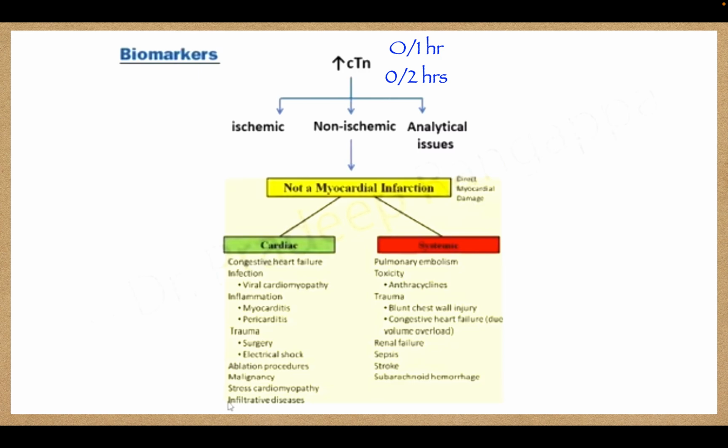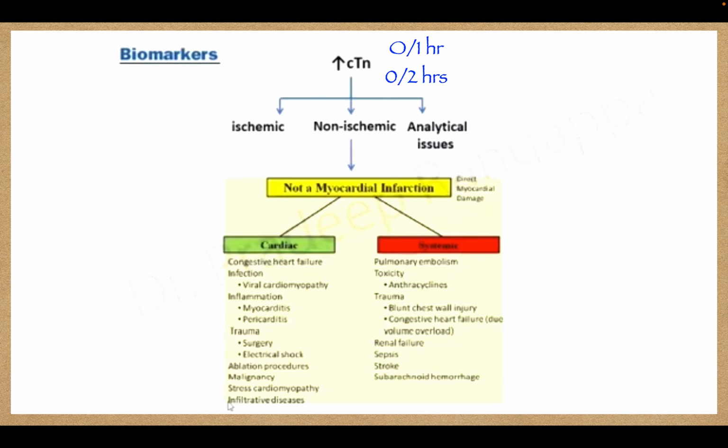As far as the biomarkers are concerned, the quantitative cardiac troponins, the troponin I, will go up within say 1 or 2 hours of active ischemia, and they form an important tool to diagnose acute coronary syndrome with the help of the classical history we discussed in the earlier parts, along with the ECG findings, putting it all together.